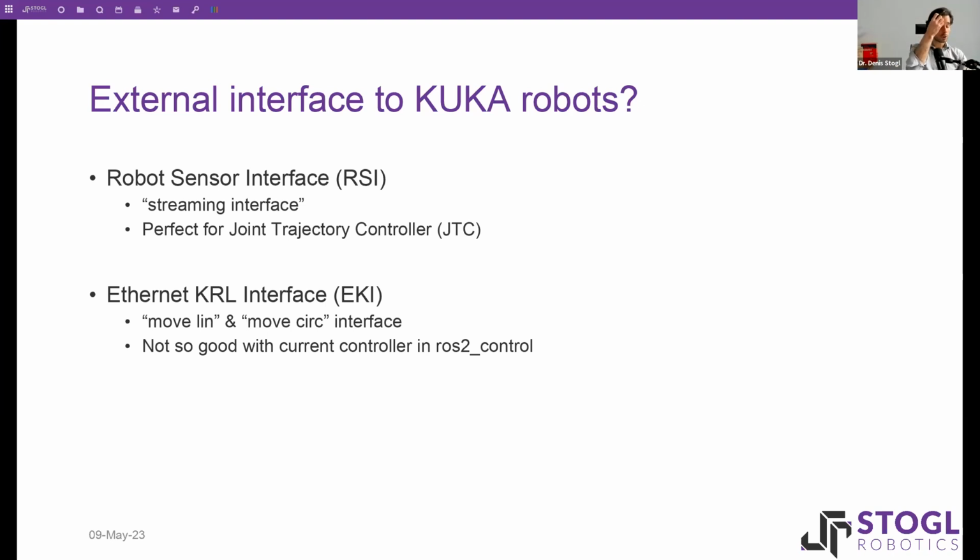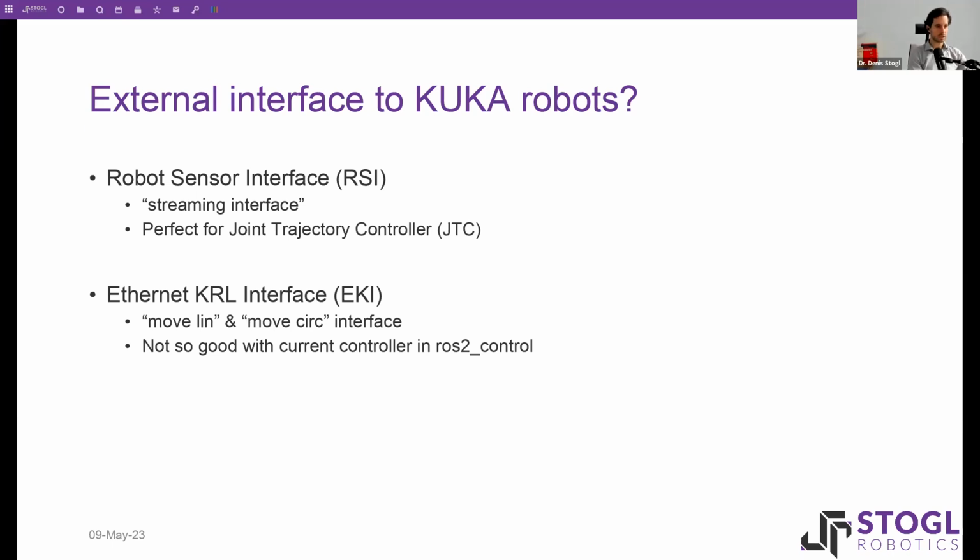A bit of a drawback of this interface is that it's very sensitive, so one has to respect the robot's dynamic limits and one has to have very hard time constraints. So usually either a very powerful machine with a dedicated CPU, or even better a real-time kernel with clamping of CPU and so on. Nevertheless, for test use cases, it also works on a classical ROS setup if you just want to test it first.